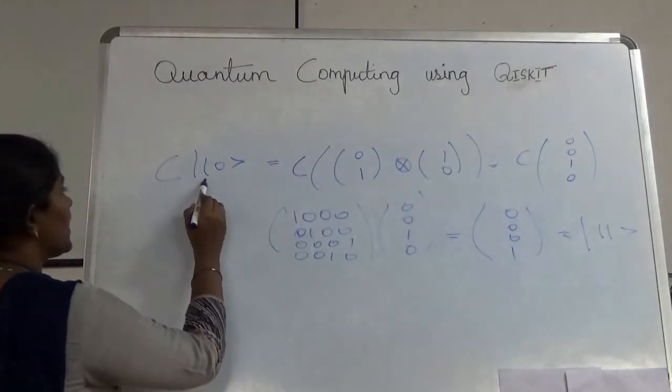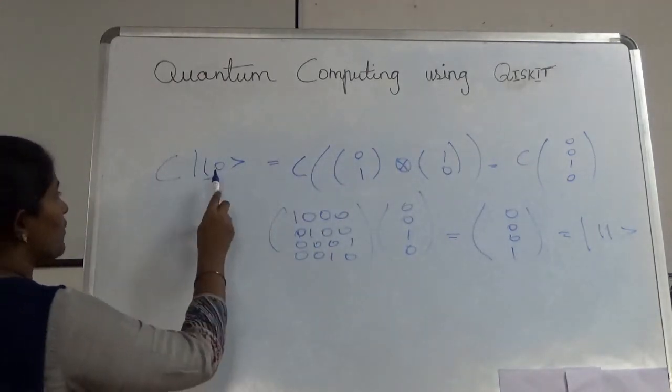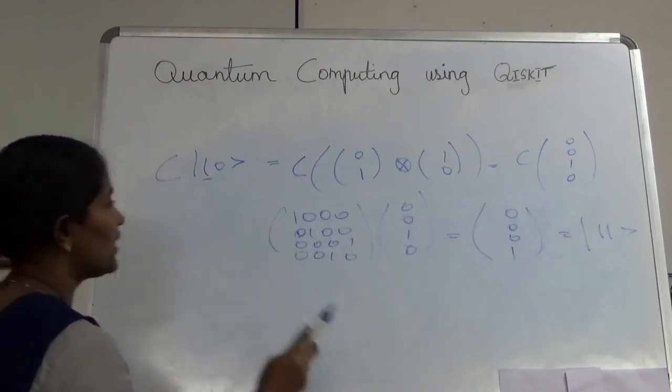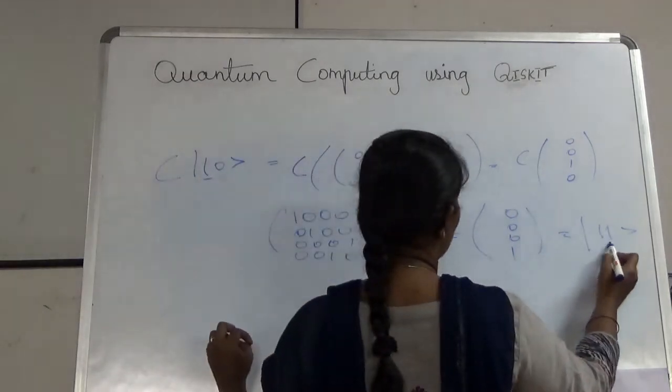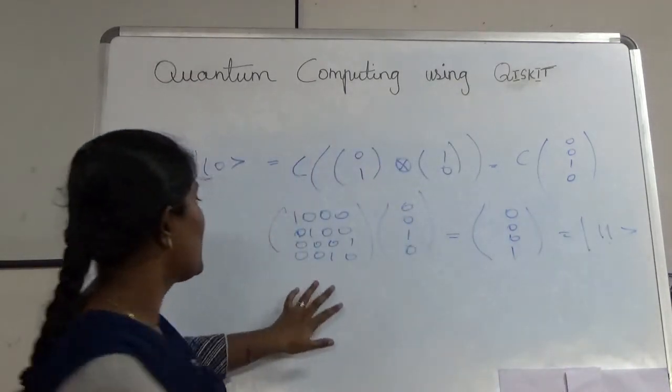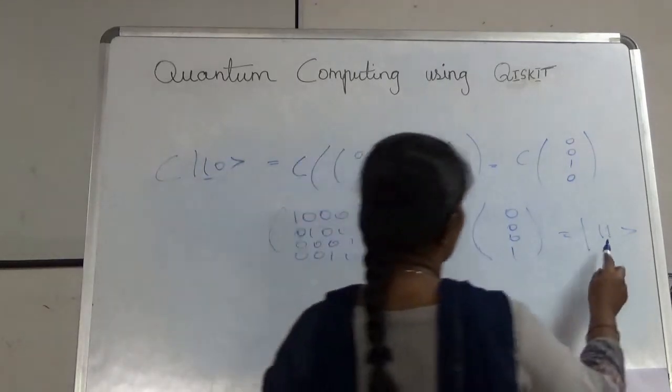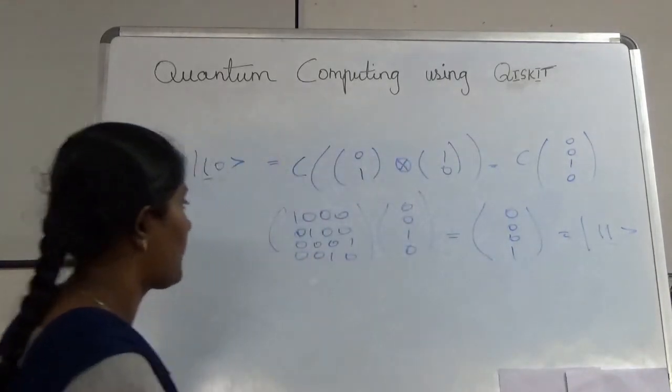Therefore, here the control bit is 1, so we want to flip the target bit. By applying the C naught matrix, the target bit is flipped.